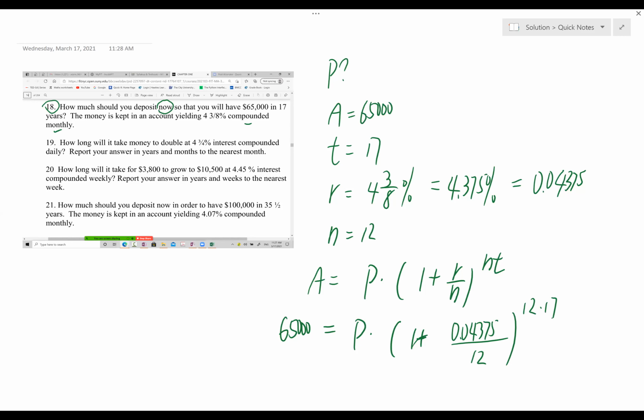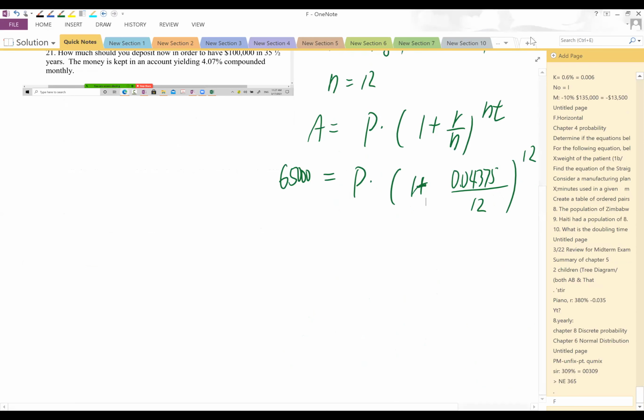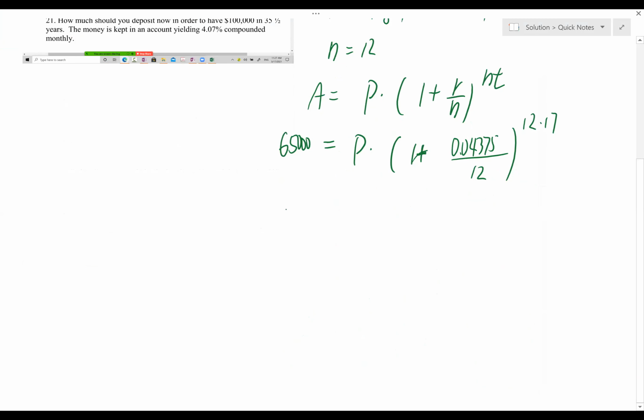And we can get very large numbers here for the exponent. If you want to simplify that, feel free to do so. 12 times 17 turned out to be 204. So the exponent here is 204. Okay, we'll go from here. So 65,000 equals principal times 1 plus 0.04375 over 12 raised to 204.